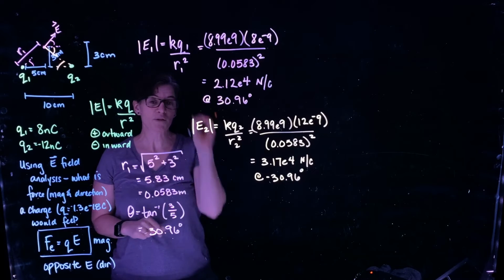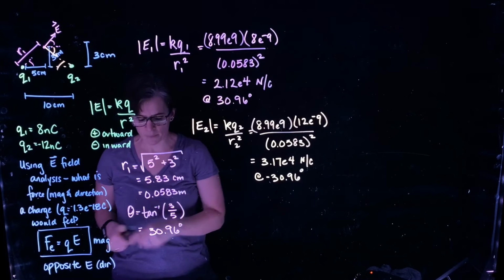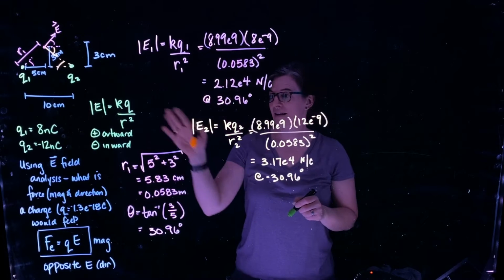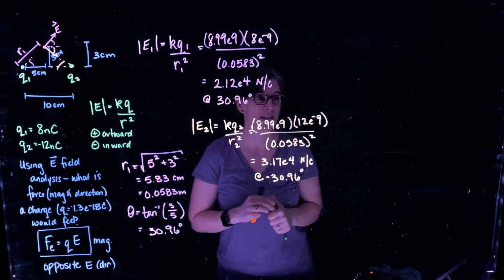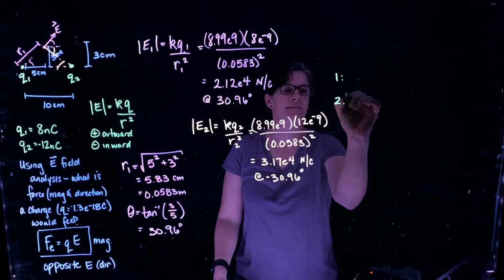Okay, so now I have both charges, the contributions they make to that electric field. I can put those together using my vector analysis method, and then I can tackle the force it exerts on that charge I placed there. So I have two charges.